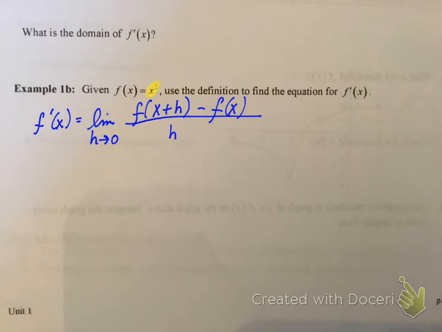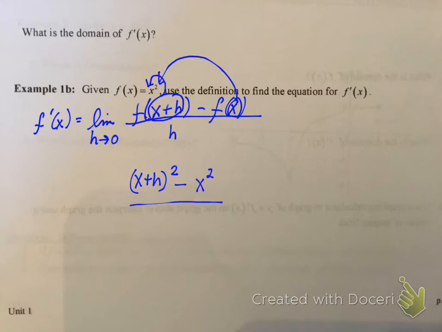So it says a function at x plus h. So what I'm doing is I'm going to plug in x plus h for x, and then I'm going to square it. So I get x plus h squared. Why? Because once again, I'm plugging in x plus h in for x. Minus, now it says to just plug in x. So I'm going to plug x into x squared, and I get the same thing, x squared.